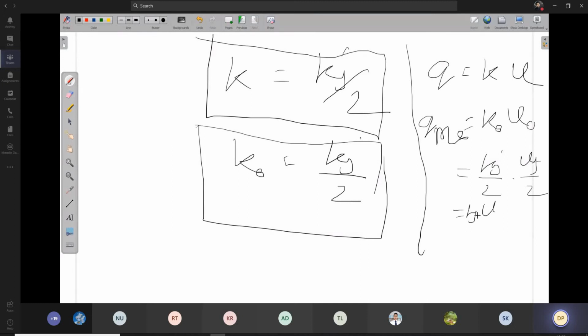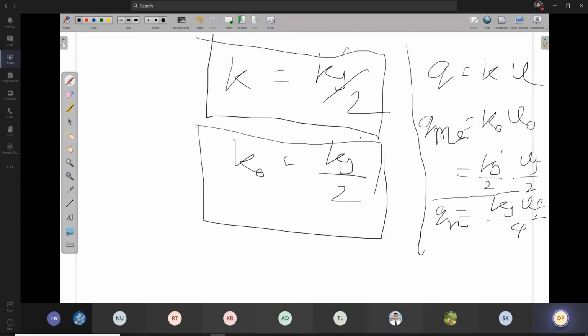So ultimately what do you get? Q max is equal to kj uf divided by 4.